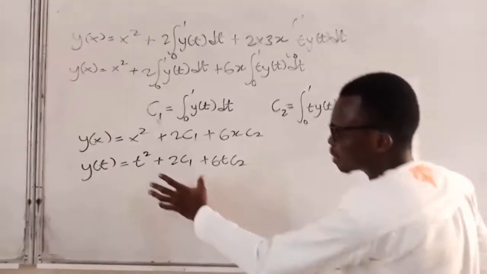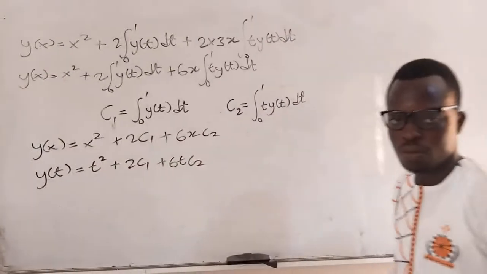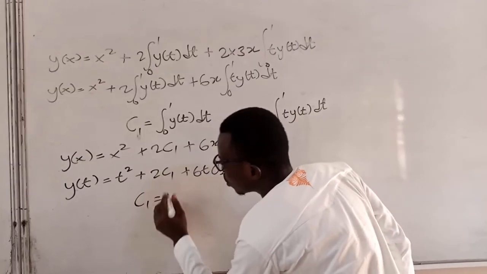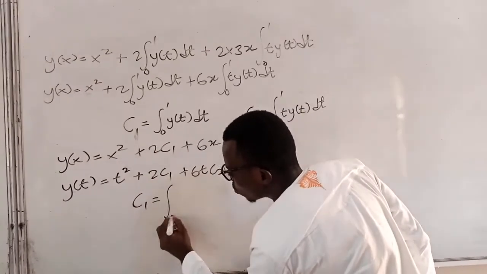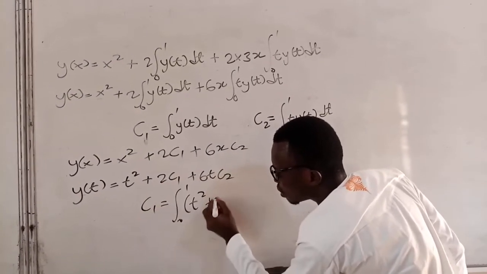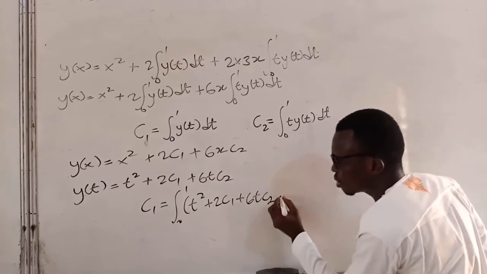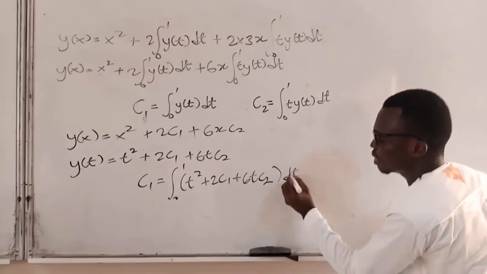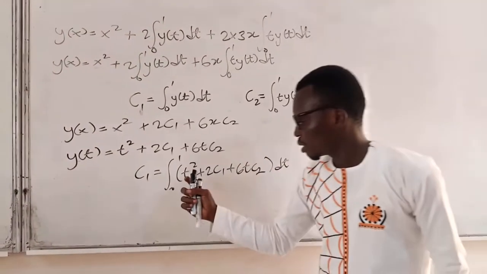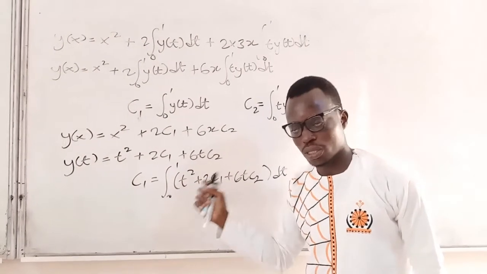Now let's substitute this equation into c1 and solve for c1. Our c1 becomes c1 equal to the integral from 0 to 1 of t squared plus 2c1 plus 6t c2 dt. You can easily see that if you integrate t squared, you get t raised to the power 3 divided by 3.